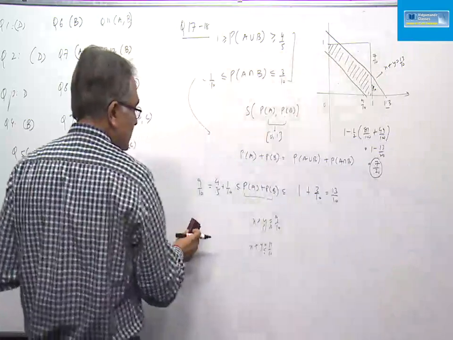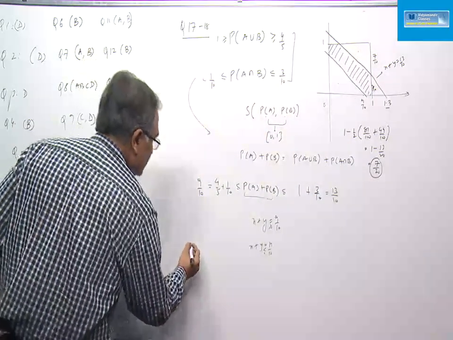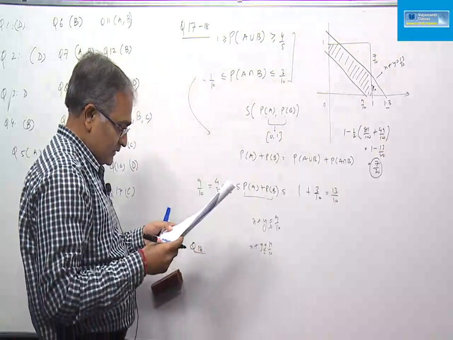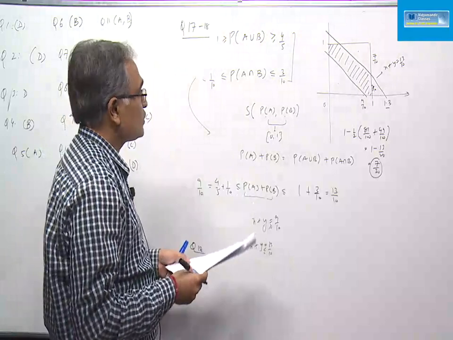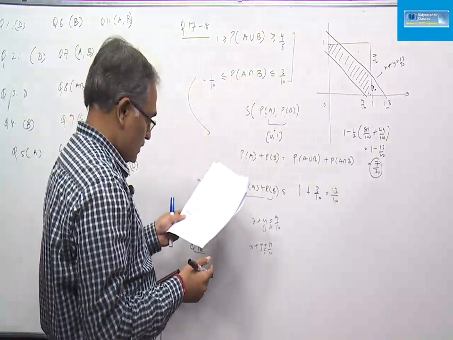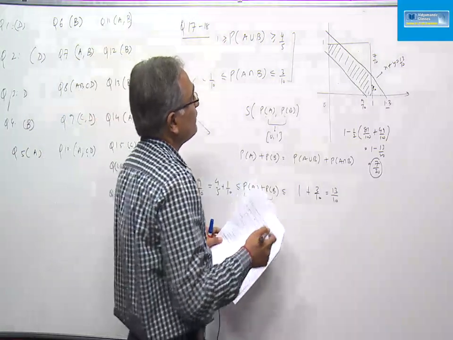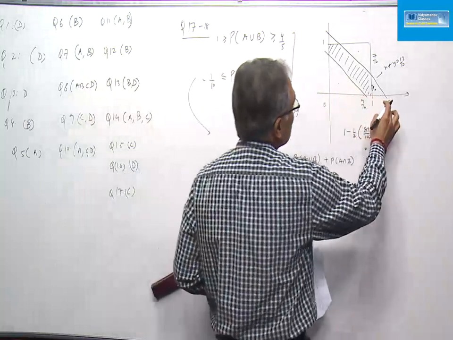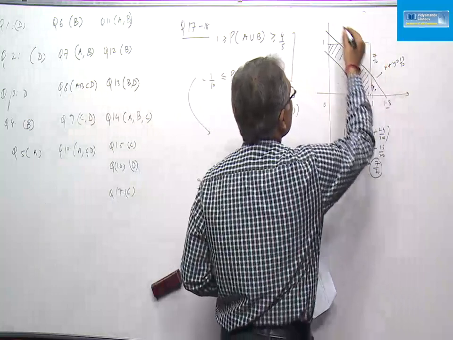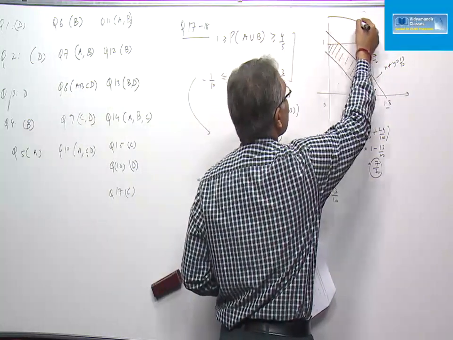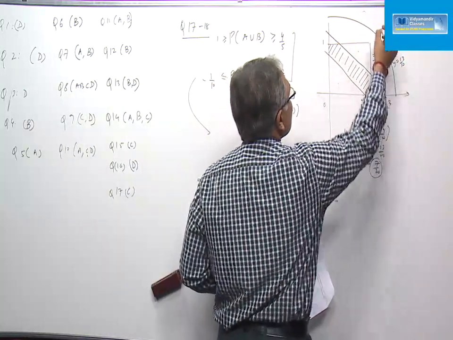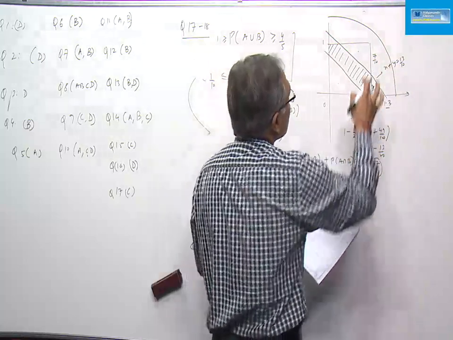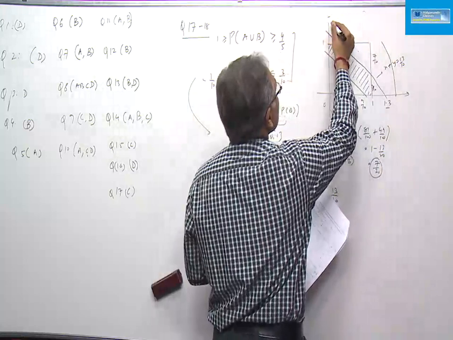Coming to the 18th part, question number 18. It says a point Q(x, y) is selected from the region which is given as x square plus y square is less than or equal to 2, where x and y are both positive. That is a quarter of a circle of radius root 2, 1.4 somewhere here.